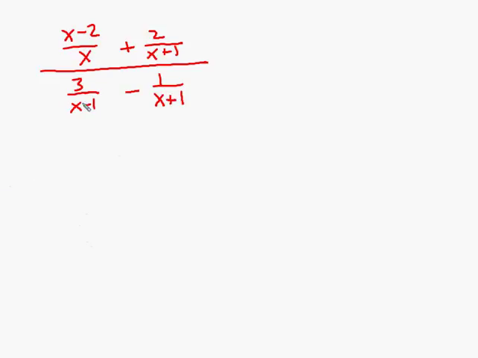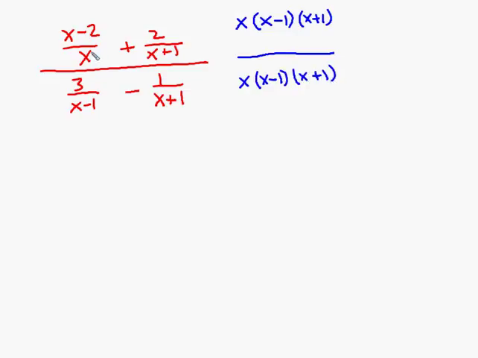So I look at this whole big numerator and this whole denominator, and I ask myself, what is the common numerator or denominator between all of these things right here? And I see an x minus 1 and an x plus 1. And I'll multiply this denominator by that same thing.